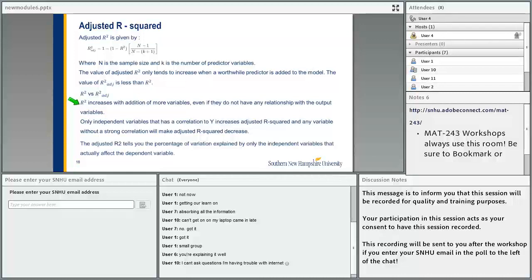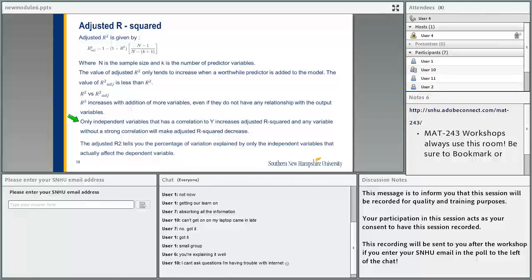So R squared versus the adjusted R squared. R squared increases with the addition of more variables, even if they do not have any relationship with the output variable. But only independent variables that have a correlation to Y increase adjusted R squared, and any variable without a strong correlation will make adjusted R squared decrease.